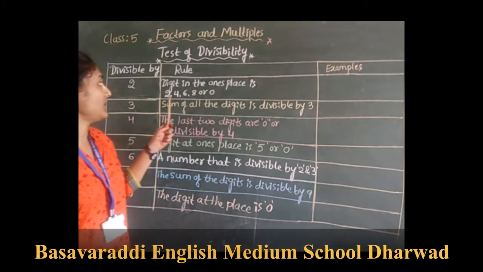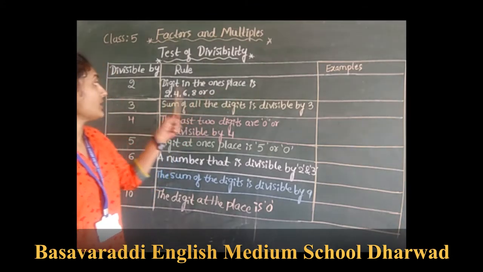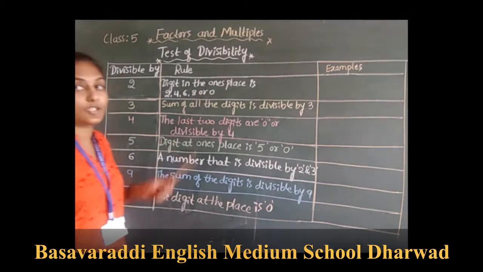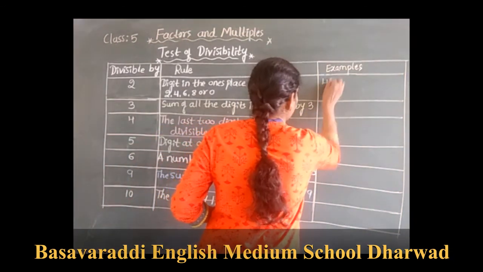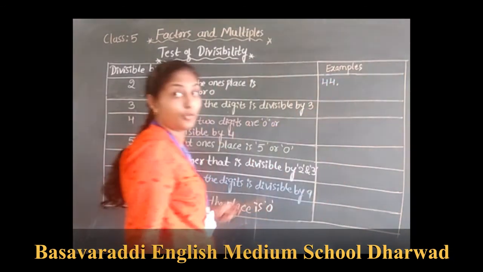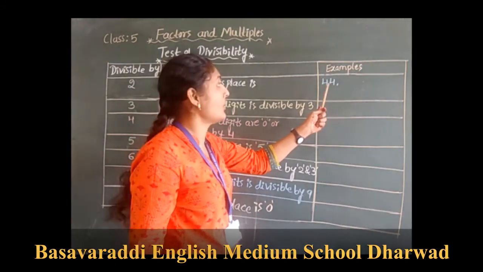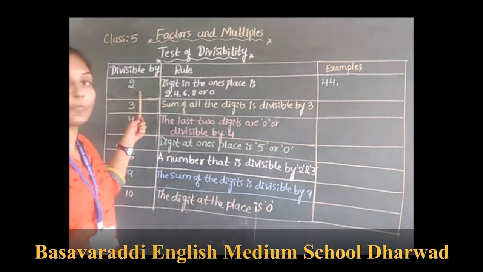If the digit in the ones place is 2, 4, 6, 8 or 0, then the number is divisible by 2. For example, 44. In the ones place there is a 4. So the whole number, 44, is divisible by 2.